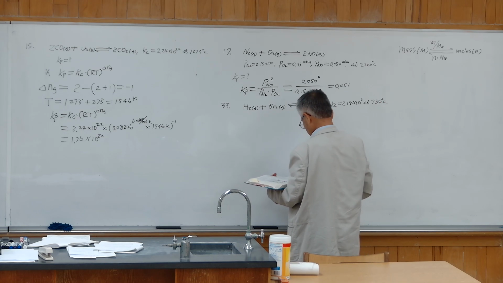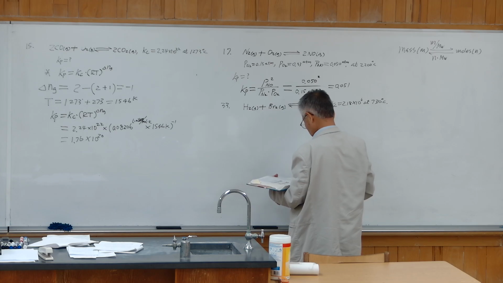Starting with 3.2 moles HBr in a 2-liter reaction vessel.